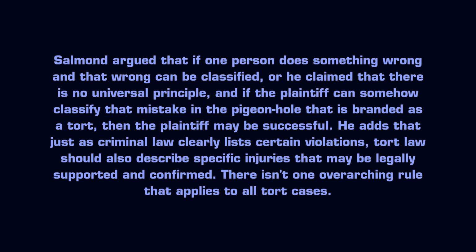He adds that just as criminal law clearly lists certain violations, tort law should also describe specific injuries that may be legally supported and confirmed. There isn't one overarching rule or an umbrella term that applies to all tort cases.